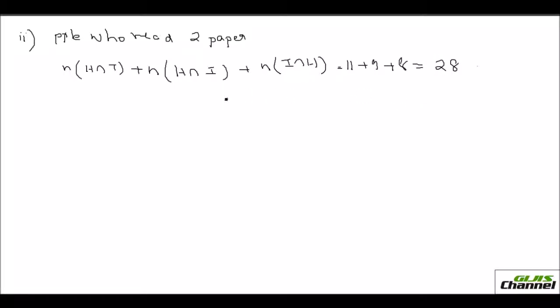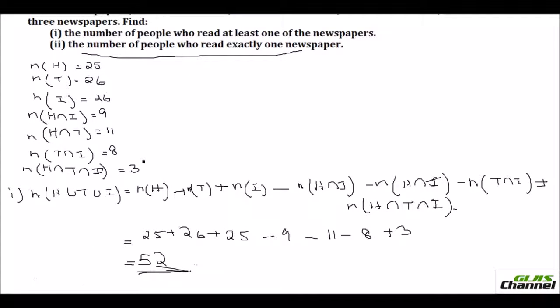Okay. So as I told you already, you just draw the Venn diagram, you will get a clear picture. You have 3 circles and in between you have 3 people who are common, and this together is H intersection T intersection I. Okay, if this is H and if this is T and if this is I, when they say H intersection T is 11, right?